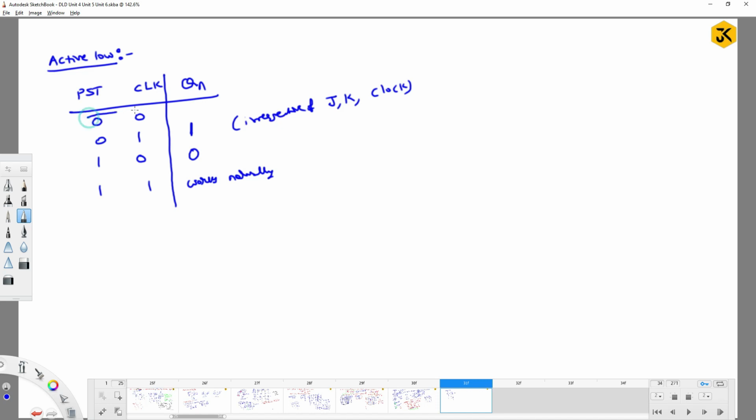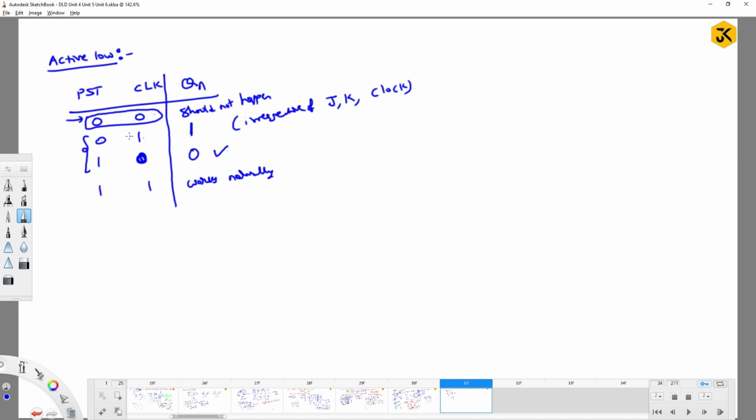Coming to 0 0, they are trying to combine these two, preset 0 and clock 0, but combining these two may lead to ambiguity, right? So we can say that this should not happen, that's it.